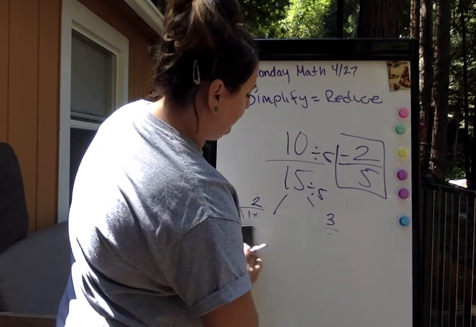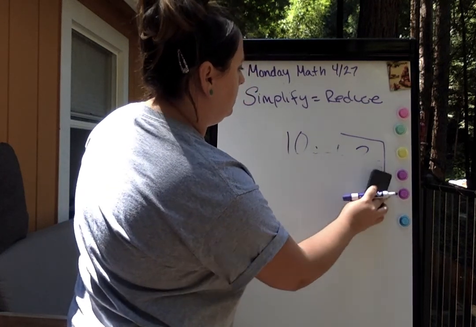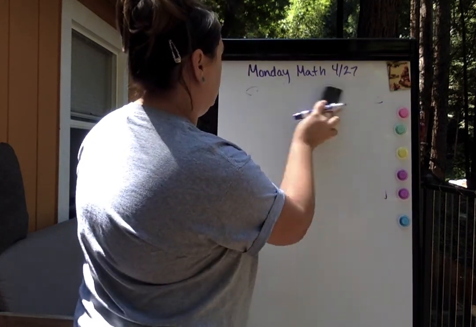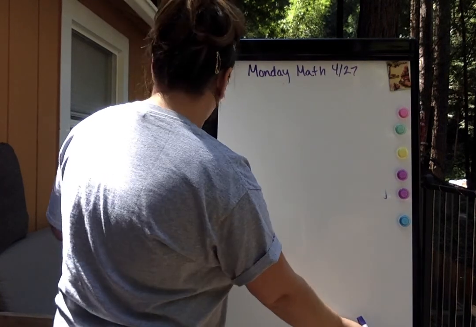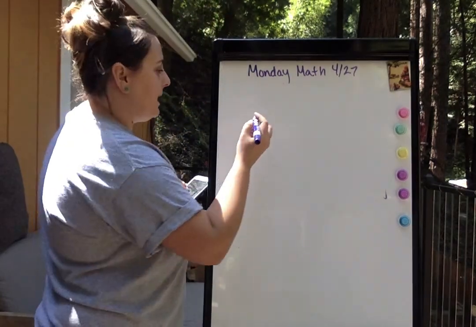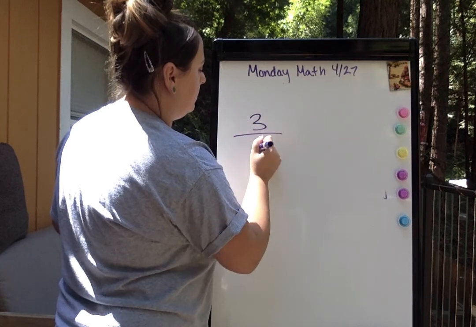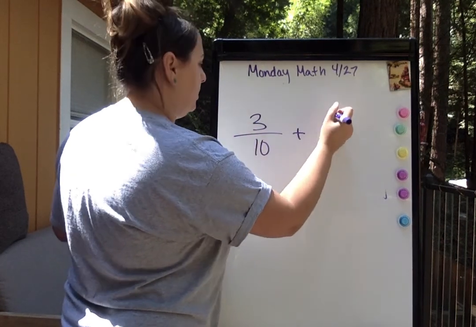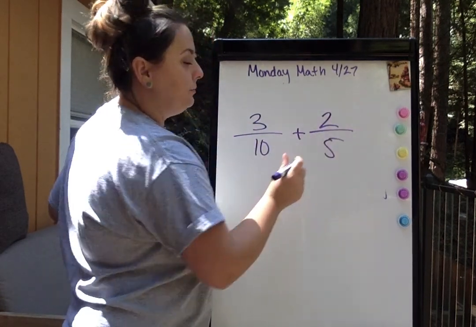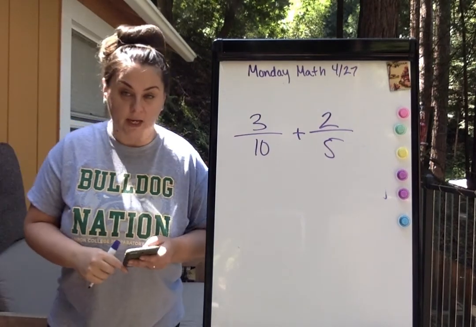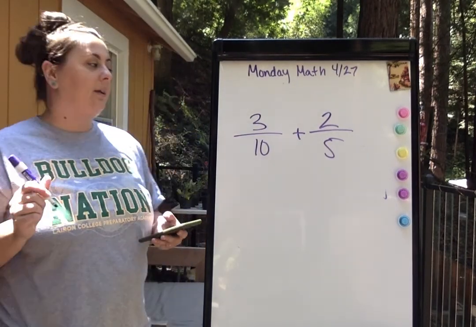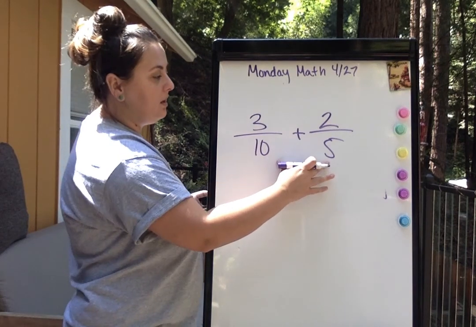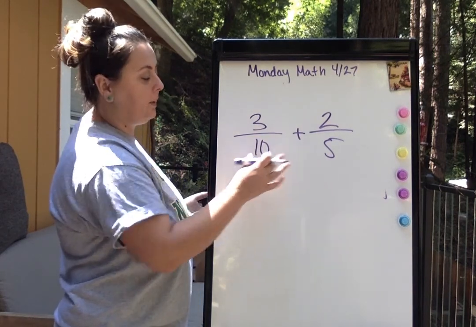Now we're going to add some fractions. 3/10 plus 2/5. Now you know that in order to add fractions, you must find a common denominator. These denominators must be the same before you can add.